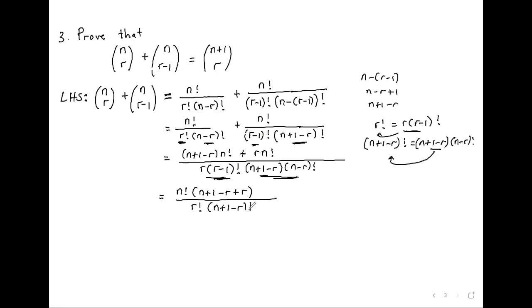Then we see that here we just have n factorial multiplied by n plus 1 over r factorial, n plus 1 minus r factorial. We can write, look, this is like n plus 1. If you have n factorial, you write it as n plus 1 multiplied by n factorial, which is what we have in the numerator here.